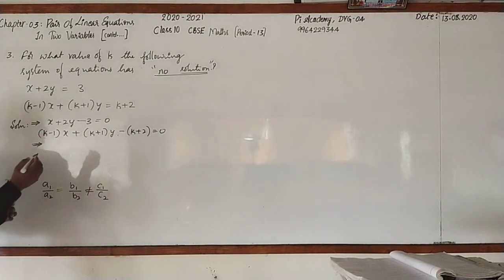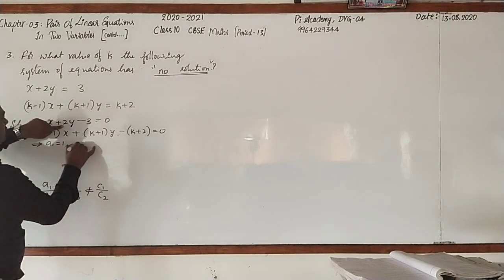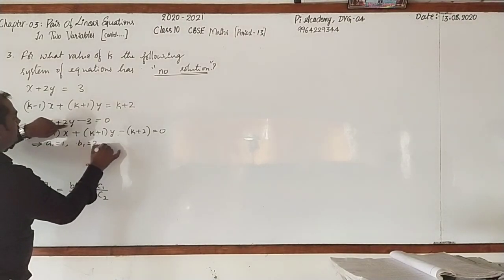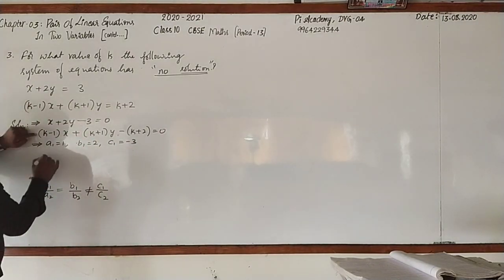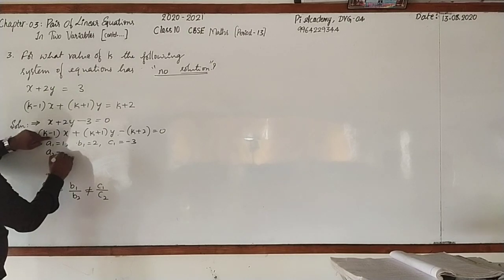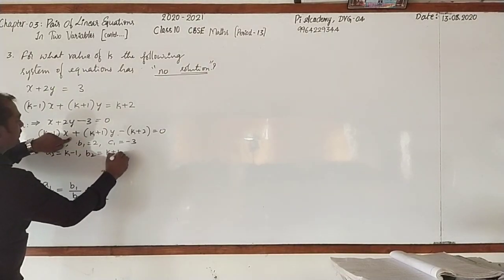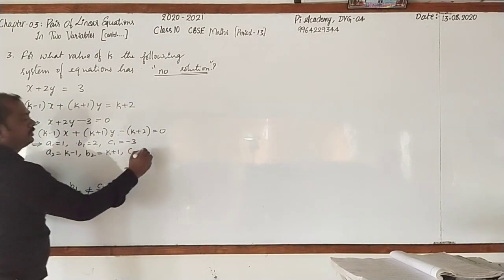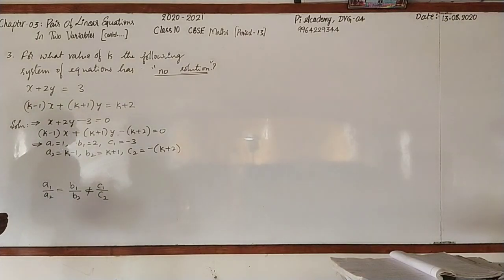Then let us go for writing all the coefficients. It is a1 equal to 1, b1 equal to 2 and c1 equal to minus 3. a2 equal to k minus 1, b2 equal to k plus 1 and c2 equal to minus of (k plus 2). Hope that you have written.